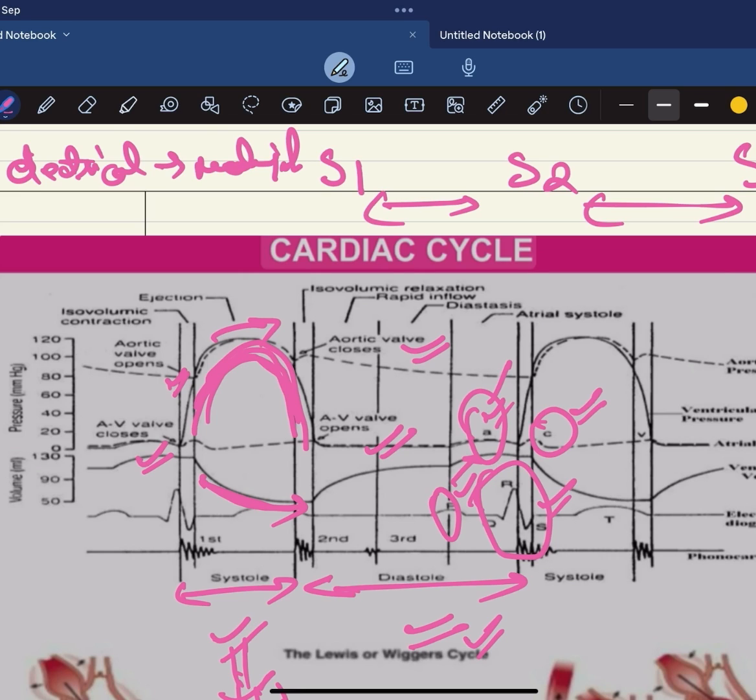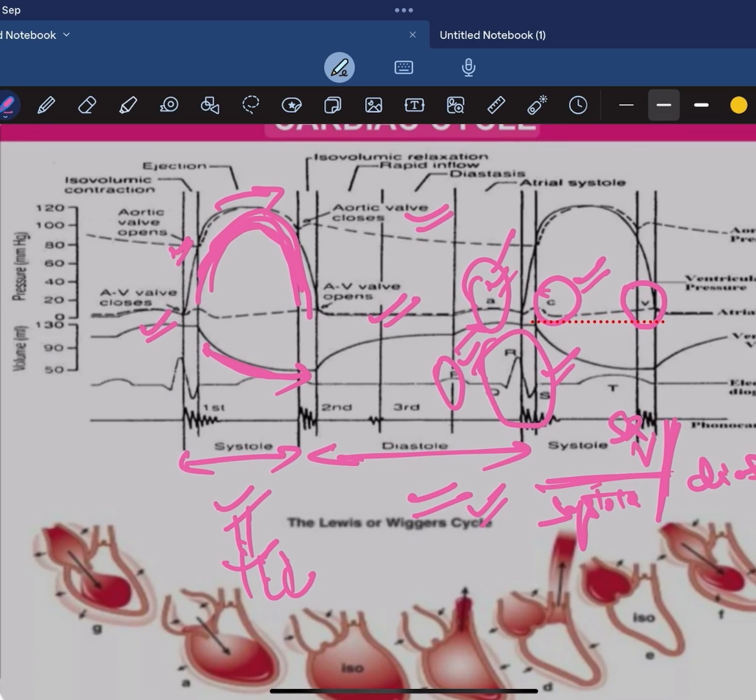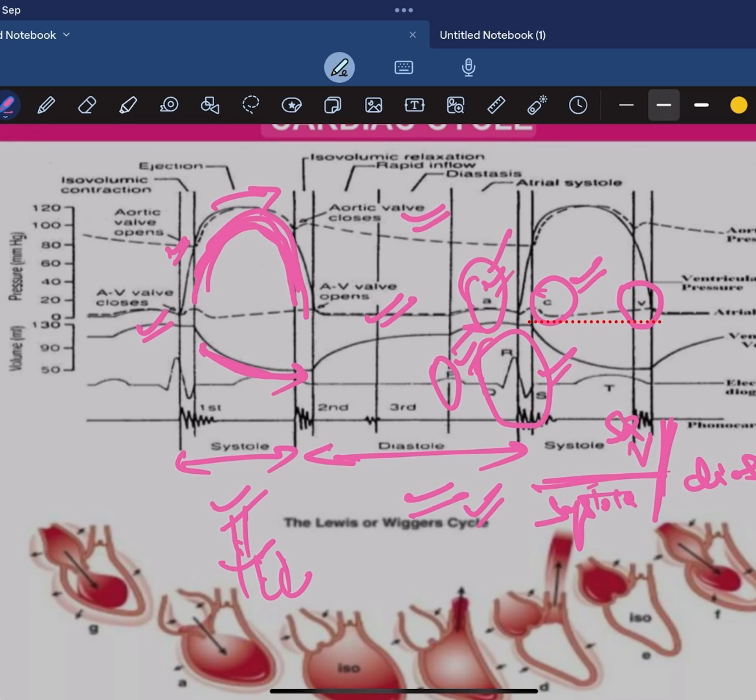Then this is the V wave between the systole and the diastole. The systole ends with the V wave and the diastole starts with the V wave. So somewhere between the systole and the diastole is the V wave, corresponding to the second heart sound, that is the S2. I think that's all with the Wiggers diagram.